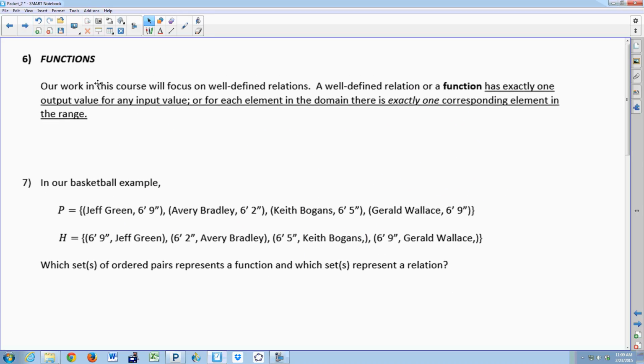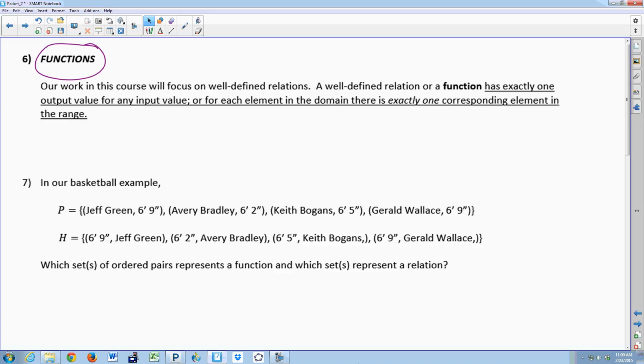And the new name for that type of relation is called a function. And this is the major concept that we're going to work on for the rest of this class, including whatever class or classes you go to after this. Functions is a major concept in any math class starting now for the rest of the time you study math.